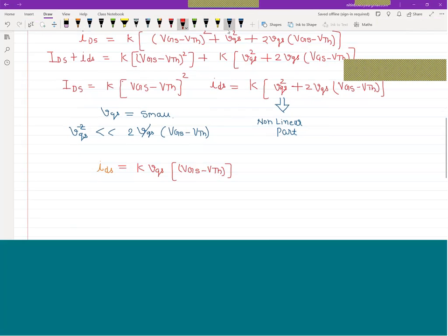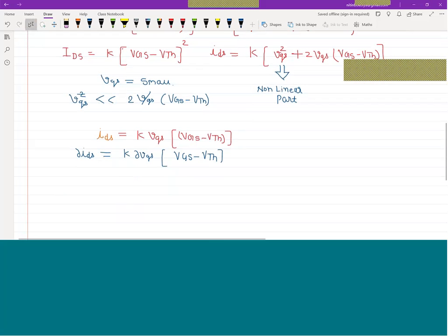Correct? Or we can say del IDS equal to K times of del VGS into VGS. We are talking about a differential resistance, differential transconductance.